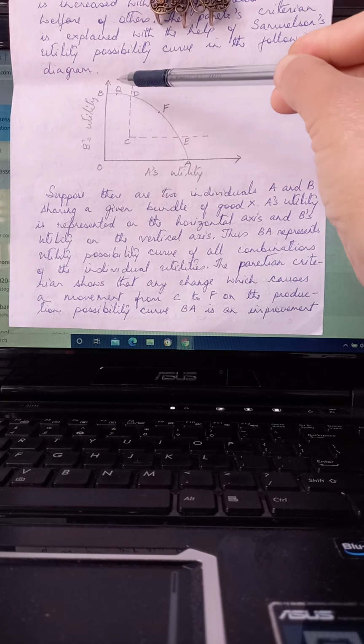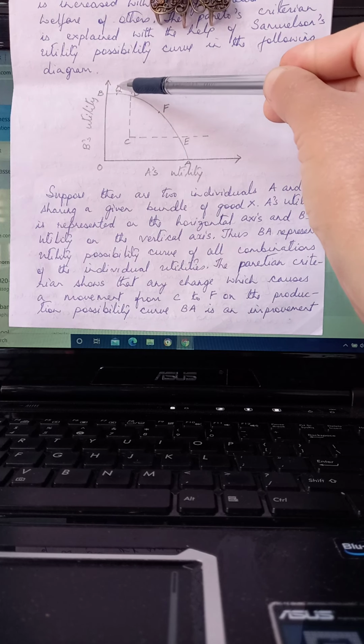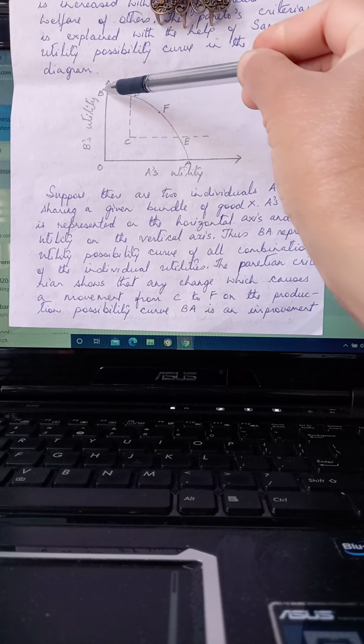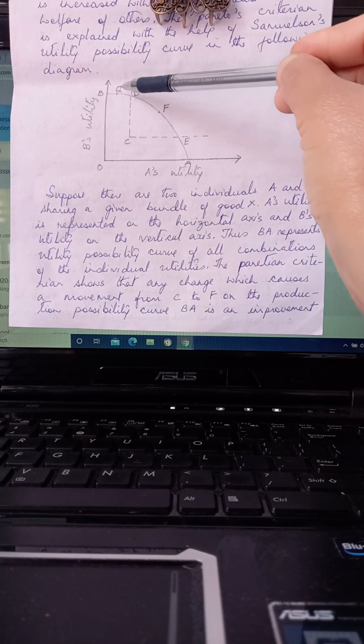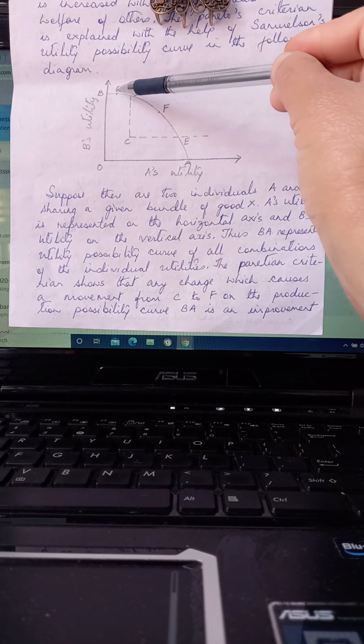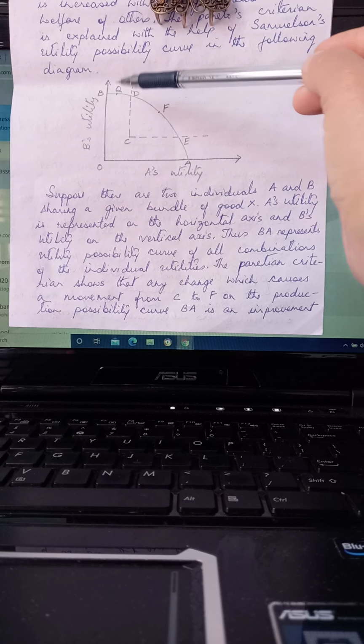But if you look at point Q, it is a point which still lies on this curve BA. If we look at point Q, we can't say that there is social welfare. Why?